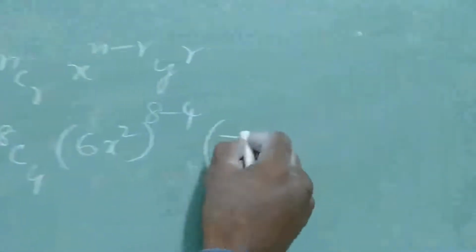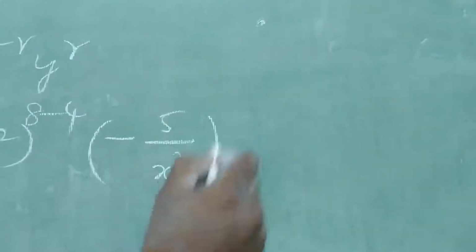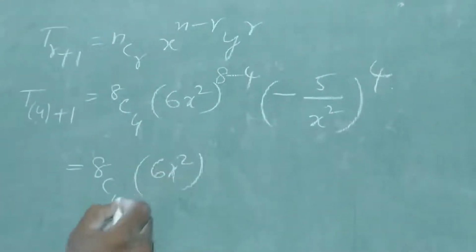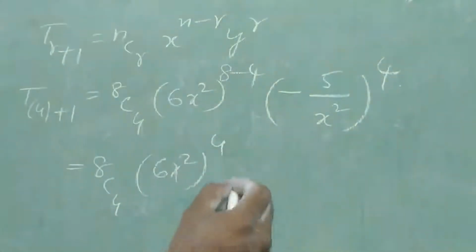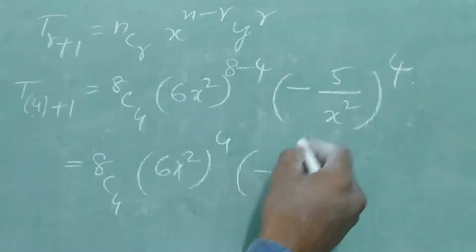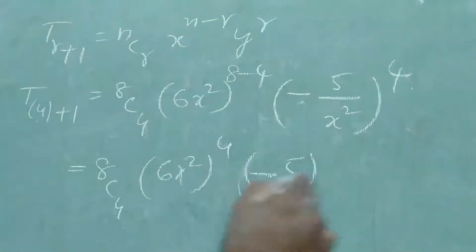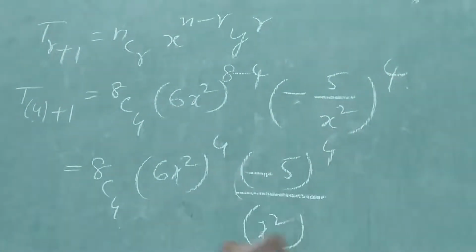Now replace here: minus 5 by x square whole to the power of r value, which is 4. So 8C4 into (6x square) whole to the power of 8 minus 4, 4, into minus 5 by x square whole to the power of 4.